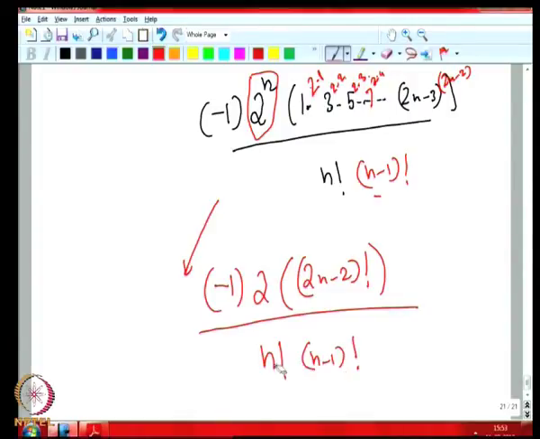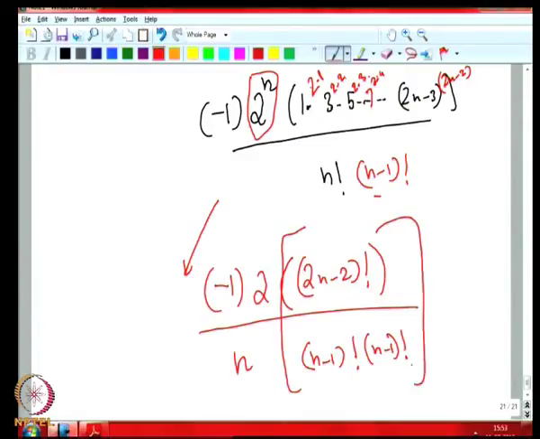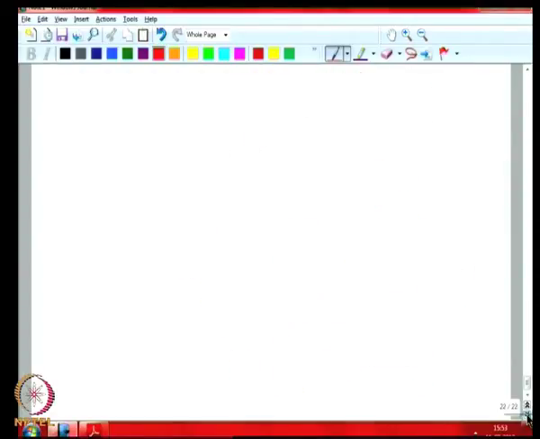So, this we can separate out. We can write it as n we can take here and then write an n minus 1 factorial here, because this is familiar. This is actually minus 2 divided by n into 2n minus 2 choose n minus 1.